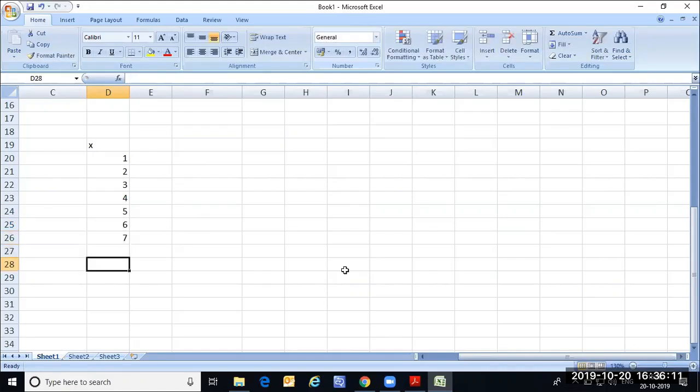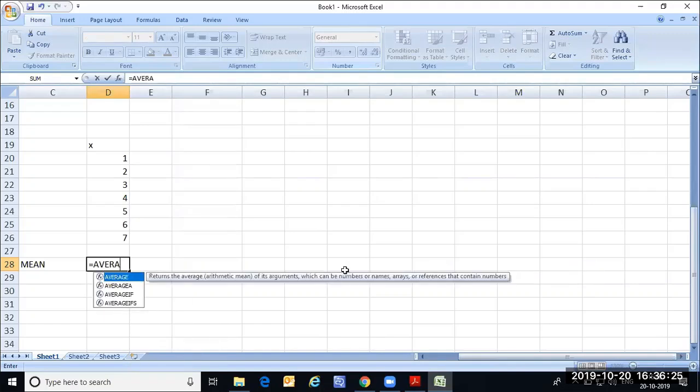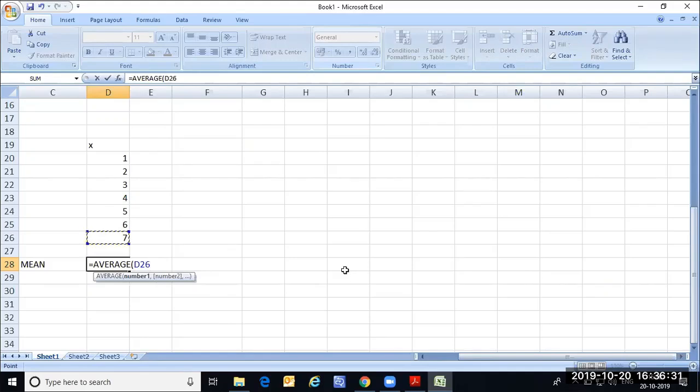Let's say this is the data I have, simple data, just to understand the logic. What is the mean of it, guys? When there is an equal interval between the numbers, then obviously our middlemost value will become the mean, right?